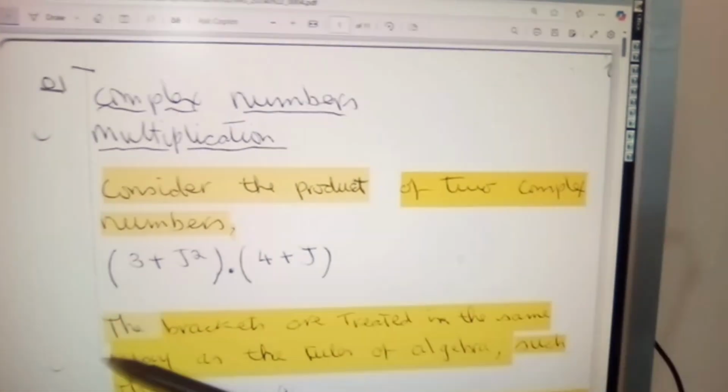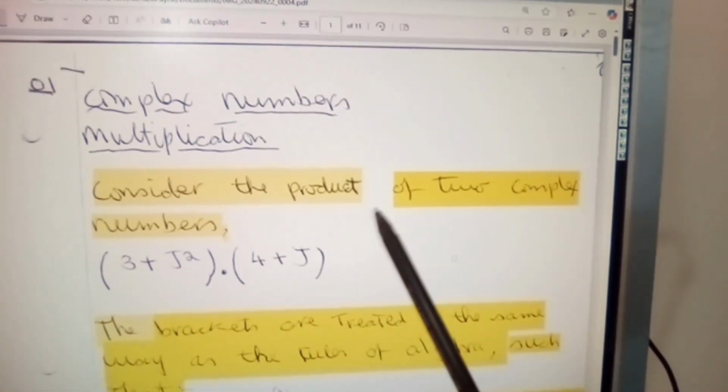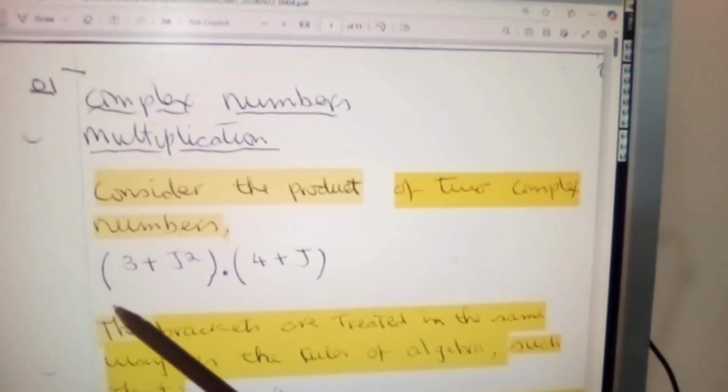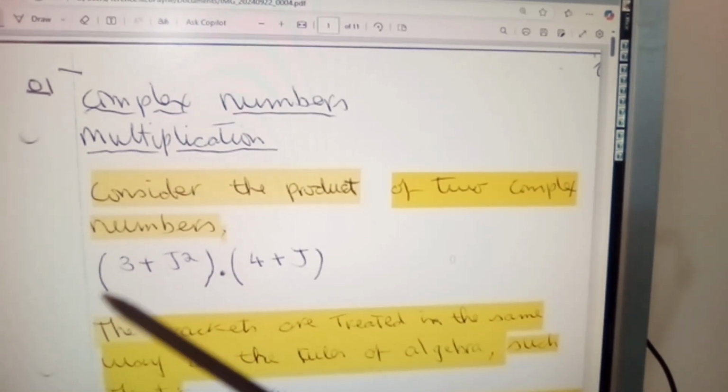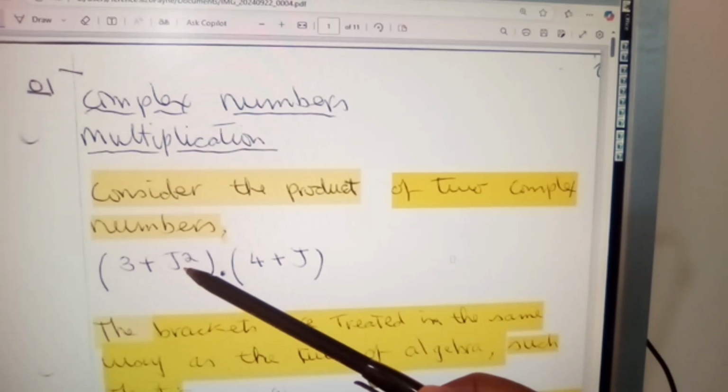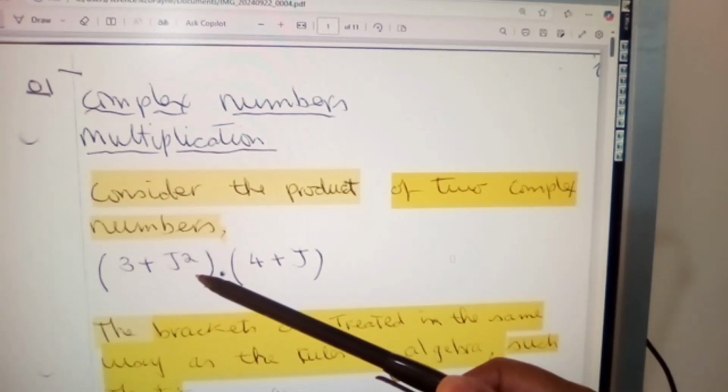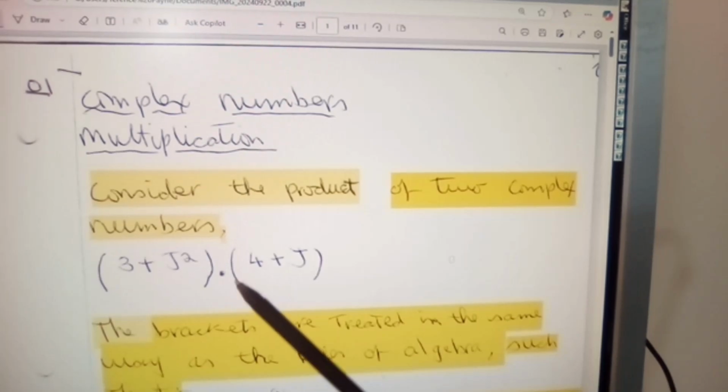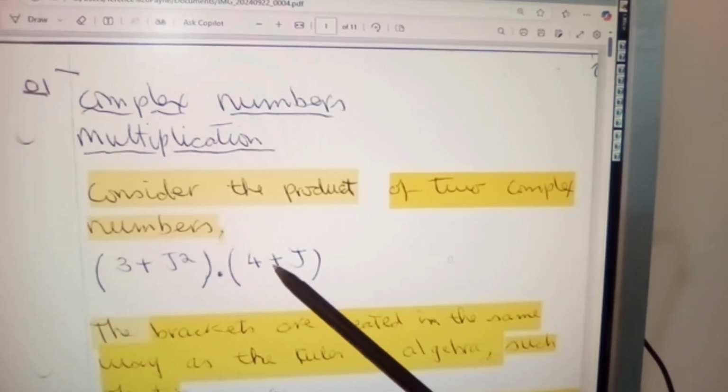Now consider the product of two complex numbers: in brackets 3 plus j squared, I'll call it j squared, and in brackets 4 plus j.